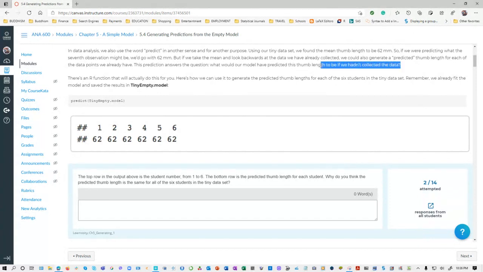If we hadn't collected data, what would these numbers be? What are the numbers that the model would have predicted for these thumb lengths? 62. That's another kind of prediction.